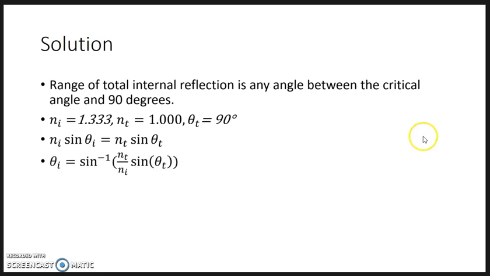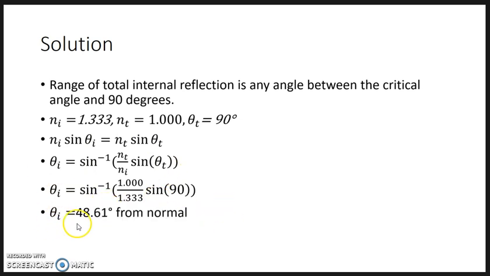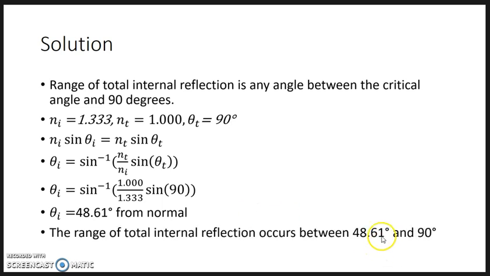If we then plug in our values, we get the following equation, which when we solve it out comes out to 48.61 degrees from the normal, and the range of total internal reflection must therefore occur between this and 90, and that would be the way to solve this problem.